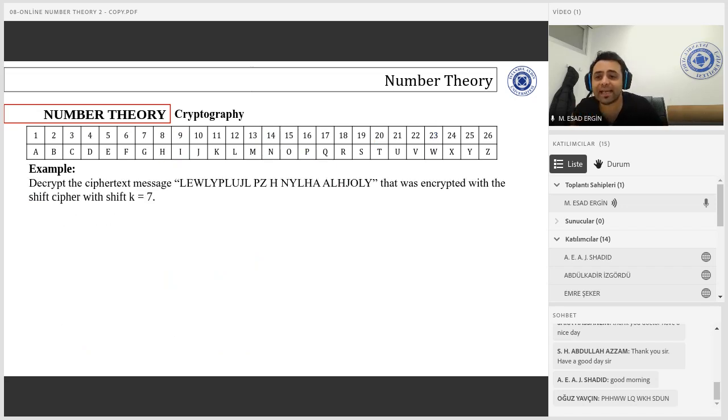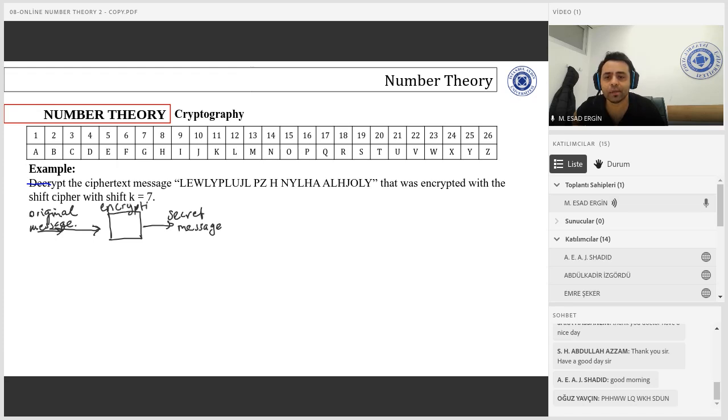Now it is decryption. As you remember, if there is a box, you send the original message to the box, and the output is the secret message, this is called encryption.